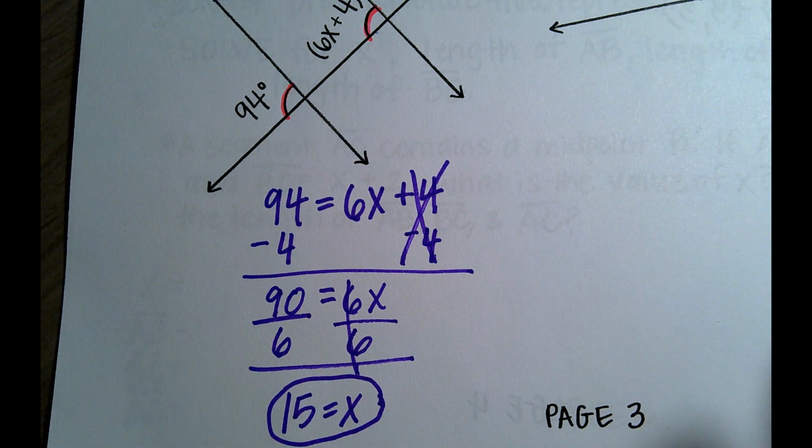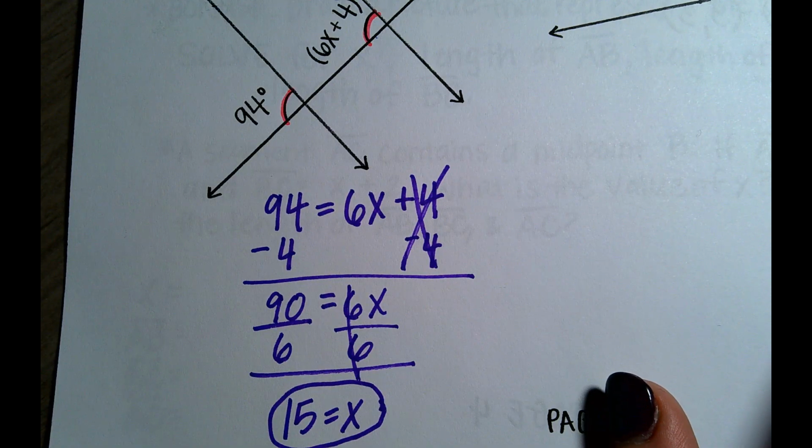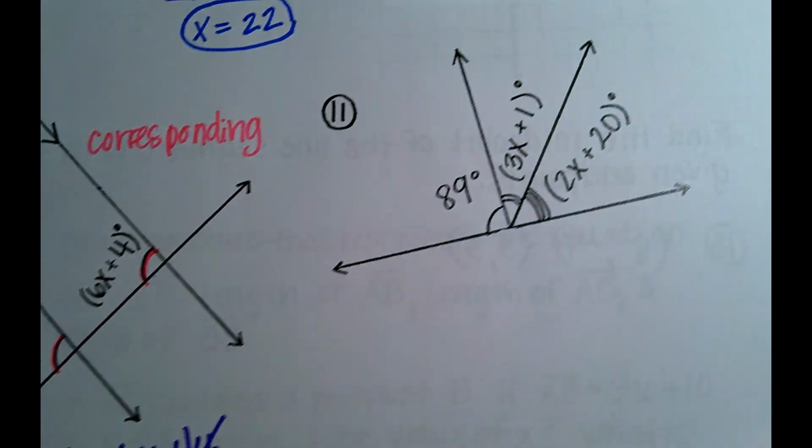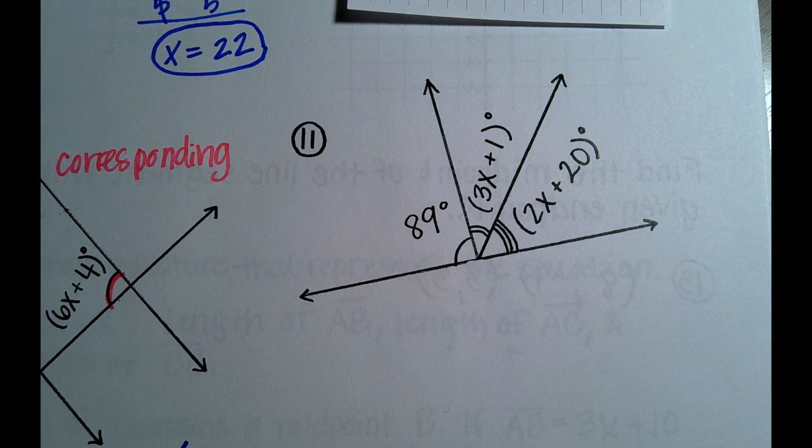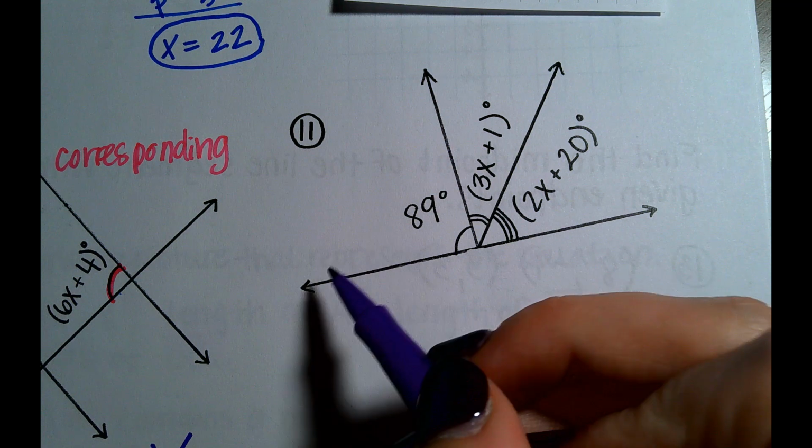Last one with the angles. Number 11. What do we have going on here? I've got 3 angles this time. Yeah, they're all going to add up to 180.